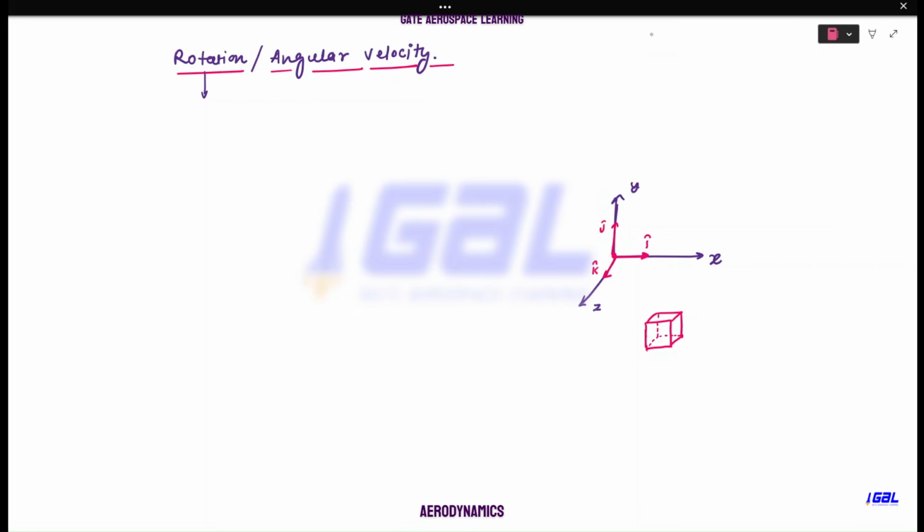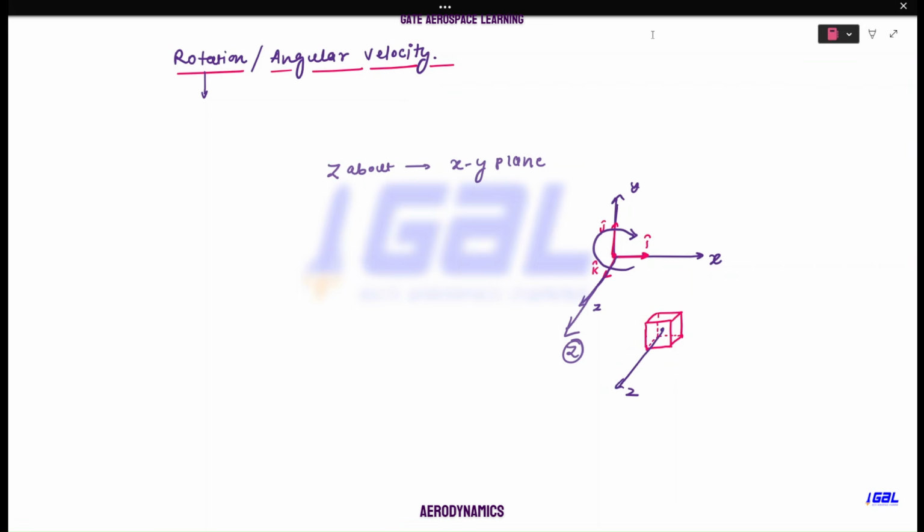So let's say you have a fluid particle and it has these xyz axes, and now let's say your fluid particle is rotating about the z axis. So how will it rotate? It will rotate in the xy plane, isn't it? When you have a rotation about the z axis, it will have a rotation in this direction or in this direction. That we'll see, positive negative we'll see, don't worry about that.